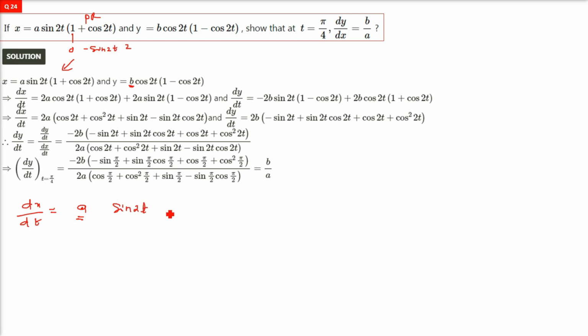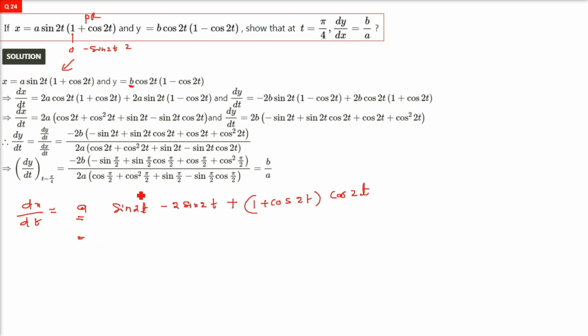Minus 2 sin 2t. So what are you going to get? Now 1 plus cos 2t we will take outside, and the differentiation of sin 2t is simply cos 2t. Okay, this dx by dt we have found out. A will talk later, A will be there, don't worry about that.